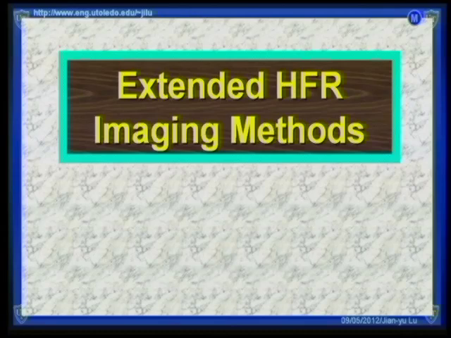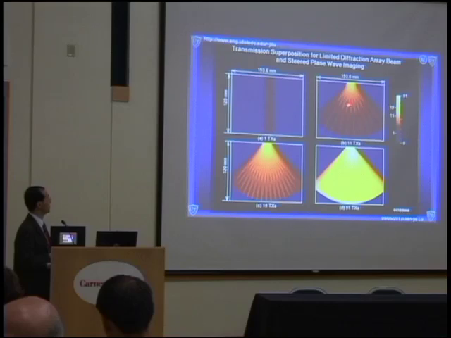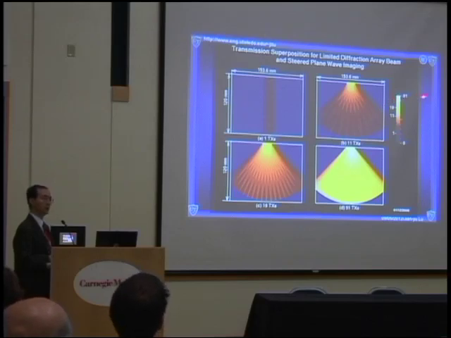And the extended high frame rate imaging method is the same as the previous one we just mentioned, just using multiple transmissions. For example, if you use a plane wave, you illuminate a limited area, because the plane wave has zero divergence. So in order to construct an image of a larger field of view, say you use a transducer peeping into the windows between the ribs.